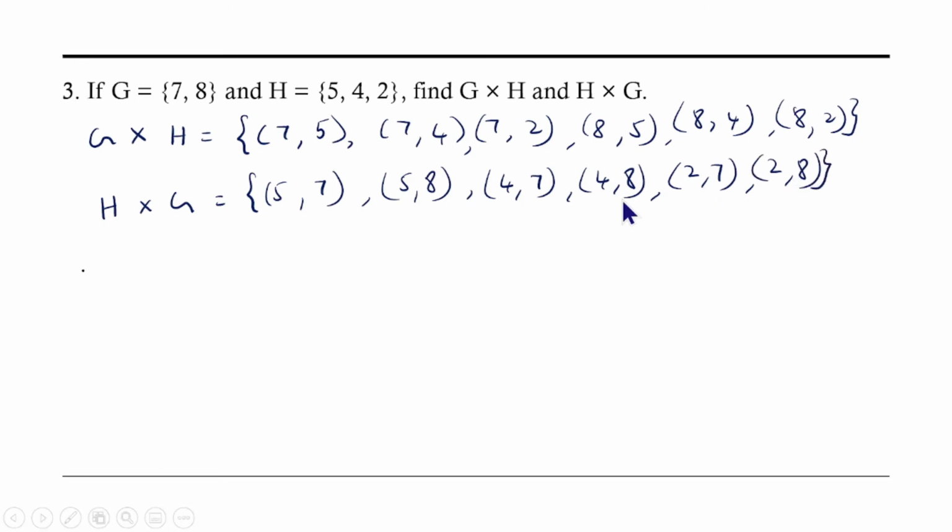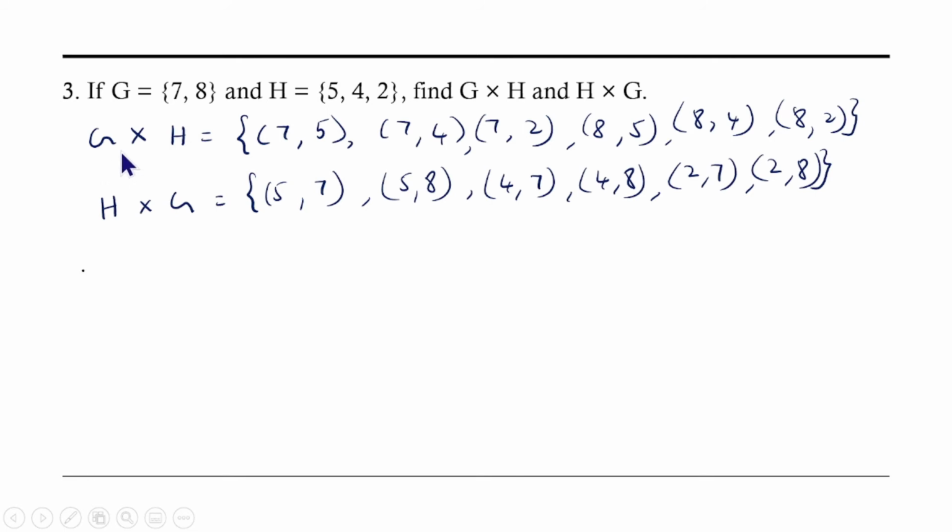When we discussed ordered pairs, it was mentioned that the order in which the elements appear is very important. So G cross H is not equal to H cross G. Here itself we can see that these two are not equal.